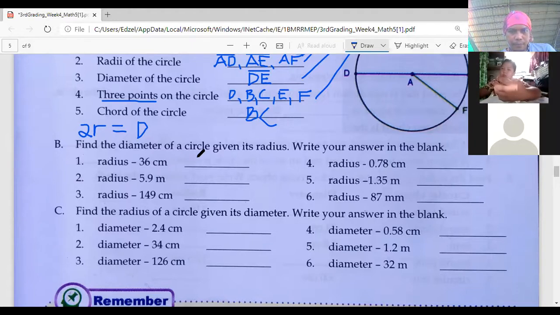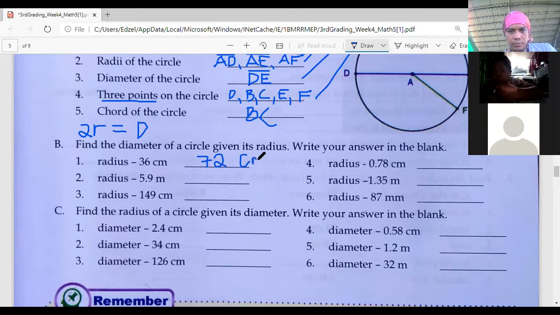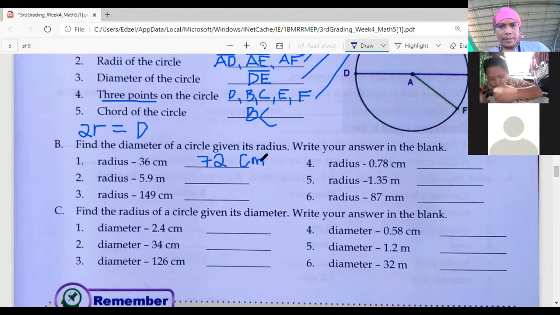70? 72. 72 cm. Centimeter. Kabalo mo anong 72? Ato lang ning i-multiply og 2 si 36, kay ang isa ka diameter equal man sa duha ka radius.